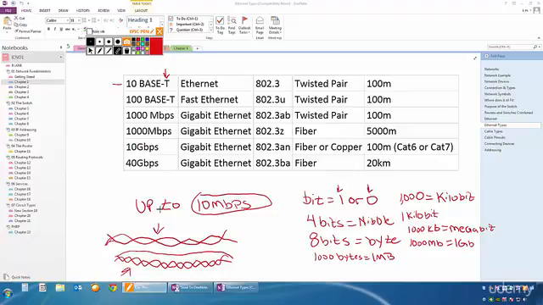And the reason why we have multiple twists, this one will have different twists per inch than this one, is so these magnetic fields don't bond up into the same frequency and just become one big magnetic field. That's the whole purpose. Because otherwise you're going to get data corruption as it's going across the wire. This is electricity. Electricity creates a magnetic field as it's going through the cables. Okay?